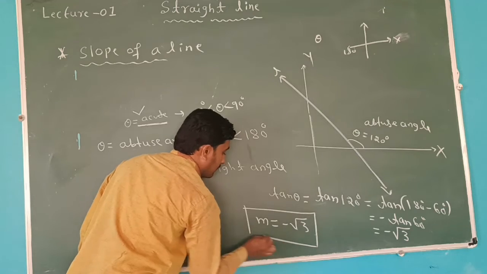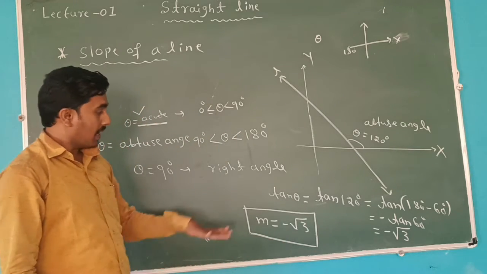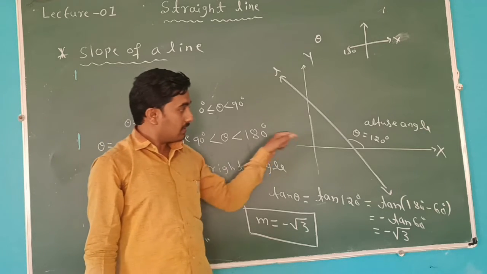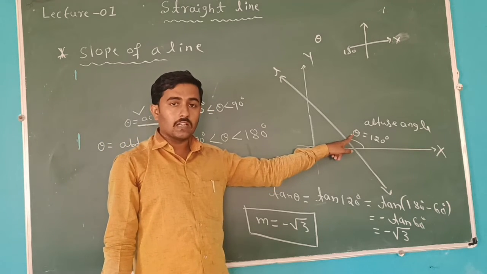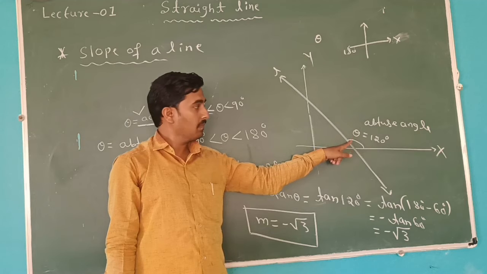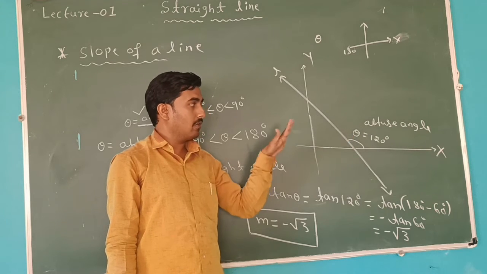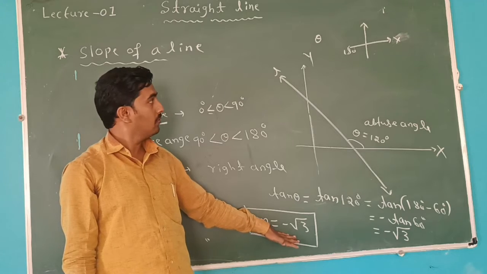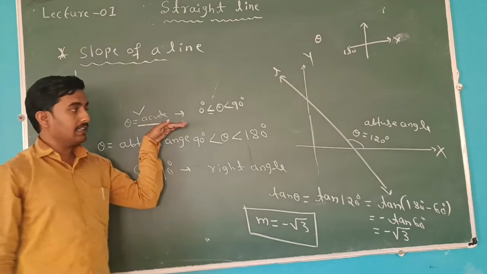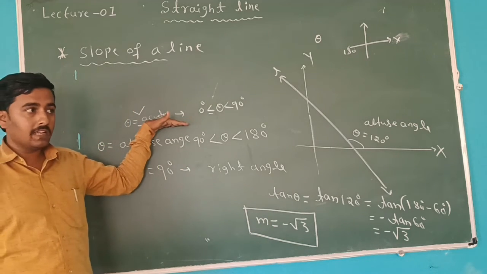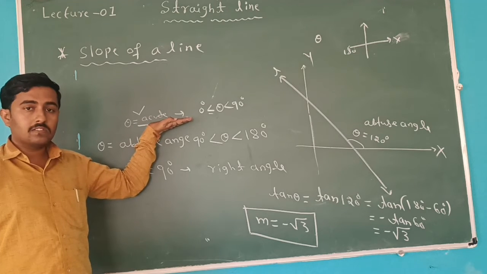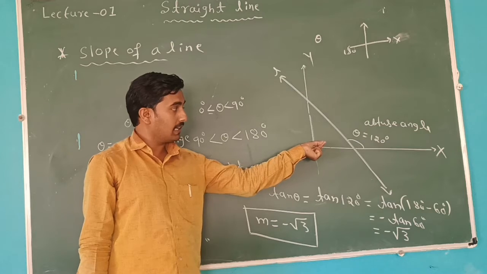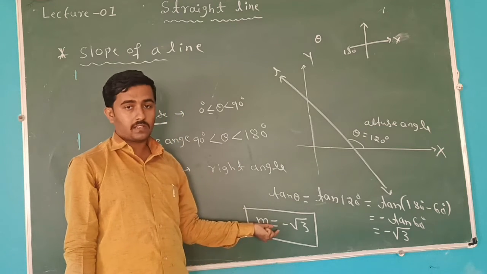Here we note that when theta is an obtuse angle, then the slope is always negative. But when theta is an acute angle, there is no problem. We can find the direct answer, which will be positive. But when theta is an obtuse angle, then the slope is always negative.